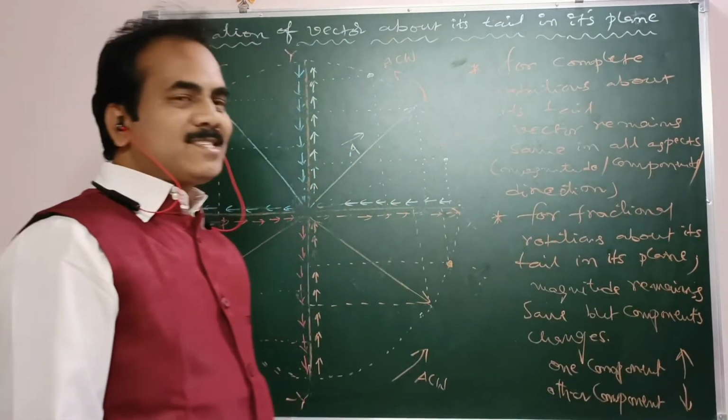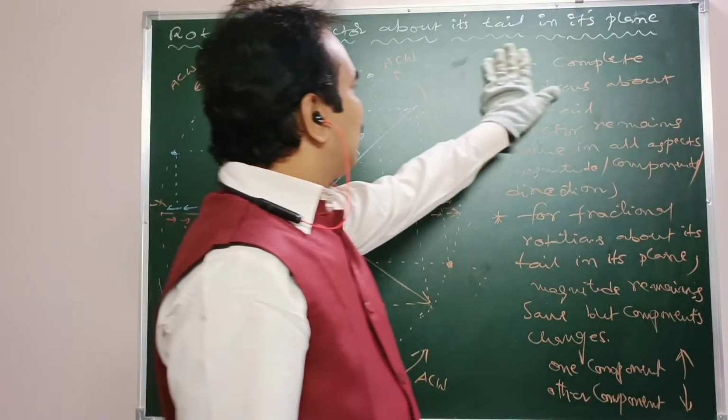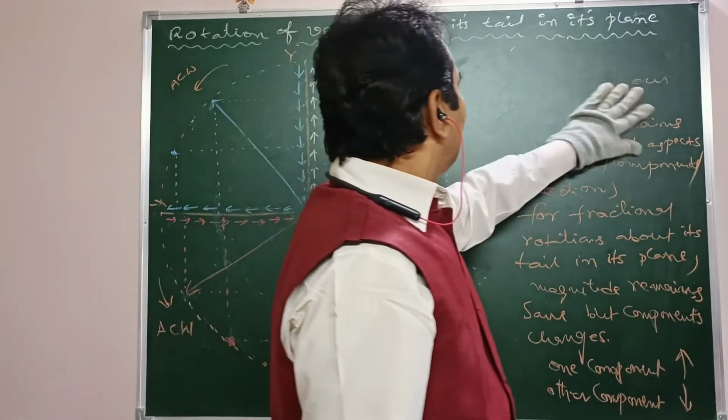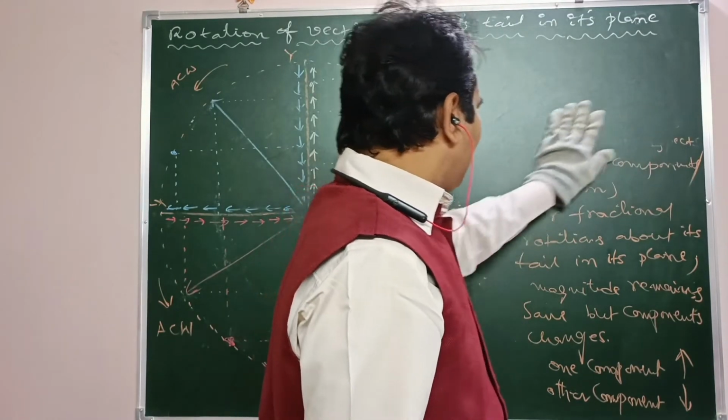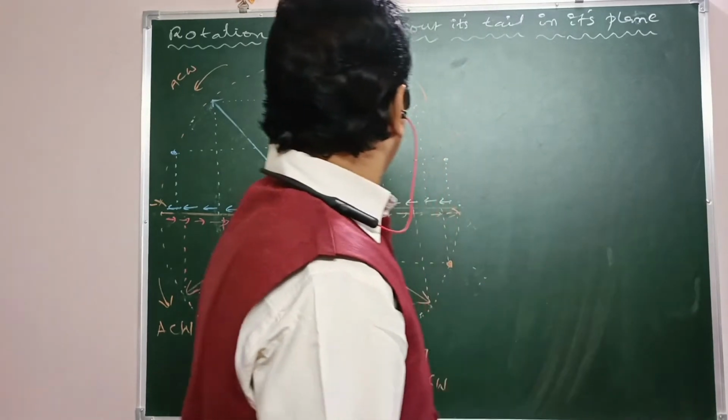One component increases, other component decreases, like that. Now let us see one numerical like that.